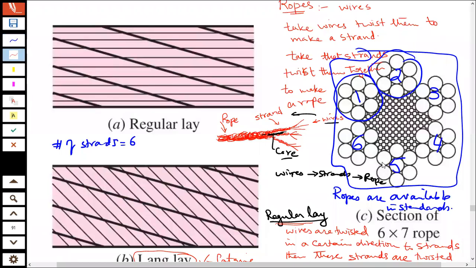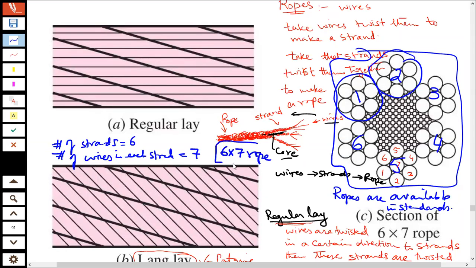So let's count them. 1, 2, 3, 4, 5, 6, 7. So the number of wires in each strand is 7. Therefore, this rope is known as a 6 by 7 rope.